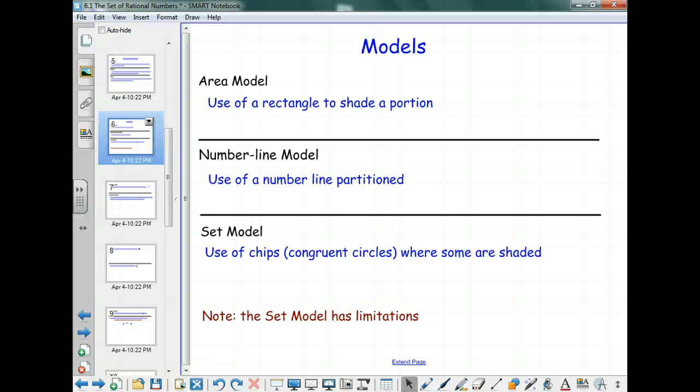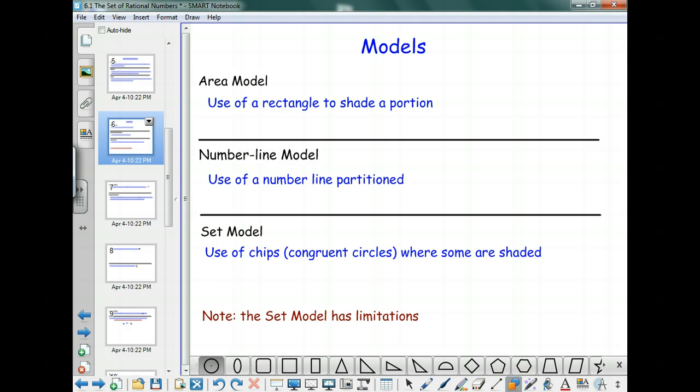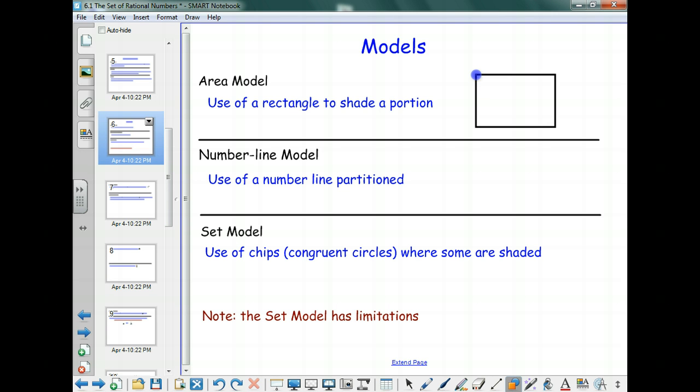All right, so these are some different models for fractions. The area model is the first one we're going to talk about. And we'll use the tools again. An area model is drawn much like a box. We're going to draw an area model for a portion, and the example we're going to do is 3/4.